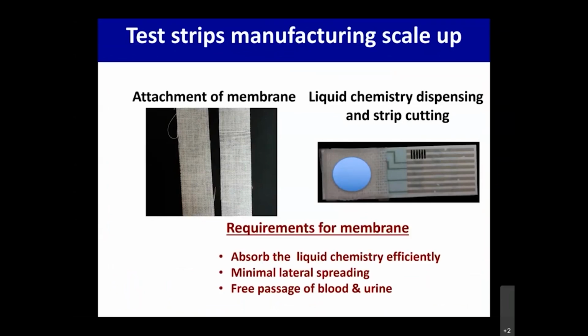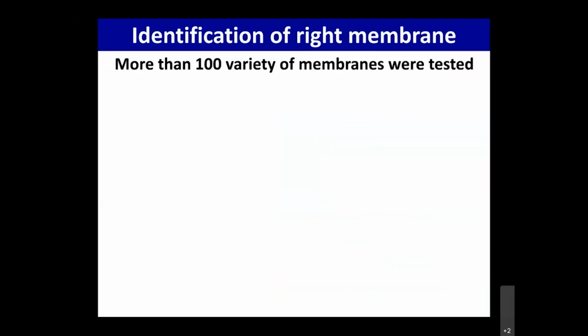After mixing. So there are a lot of very, very interesting challenges when you talk of manufacturing, right? So a lot of optimization there. Eventually you would be able to do all those optimizations and get this device.